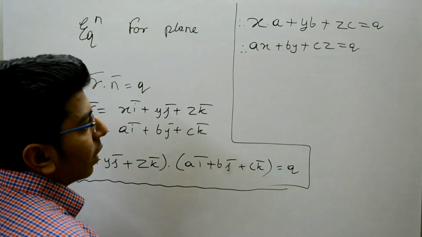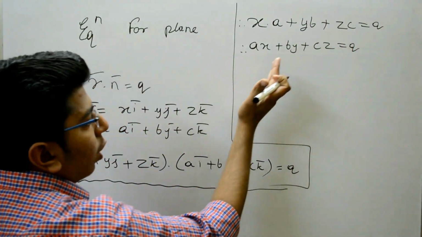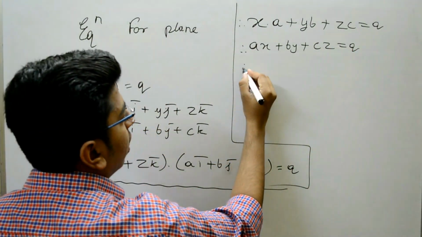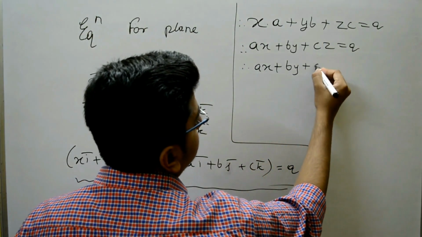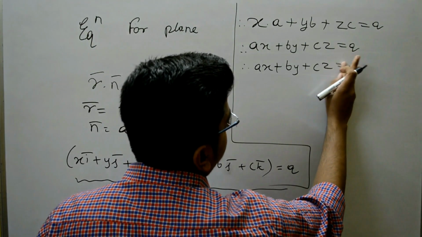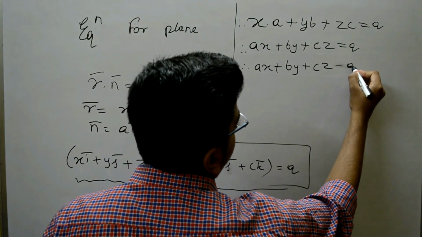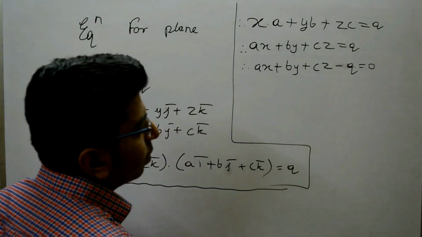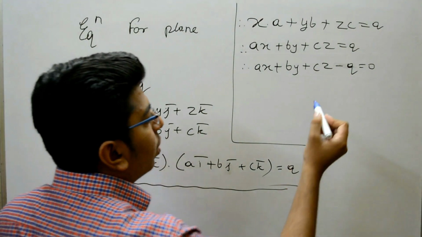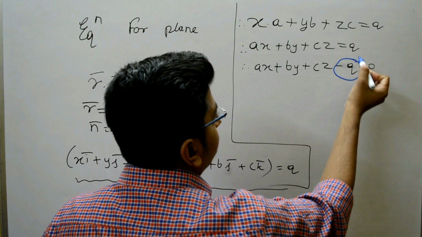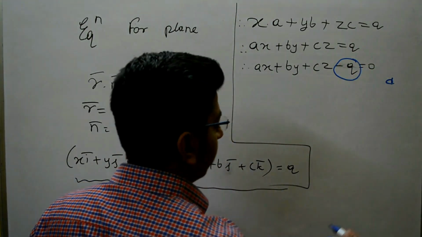Taking this q on the left hand side, ax plus by plus cz minus q equal to 0. Instead of this minus q, I want to substitute d.